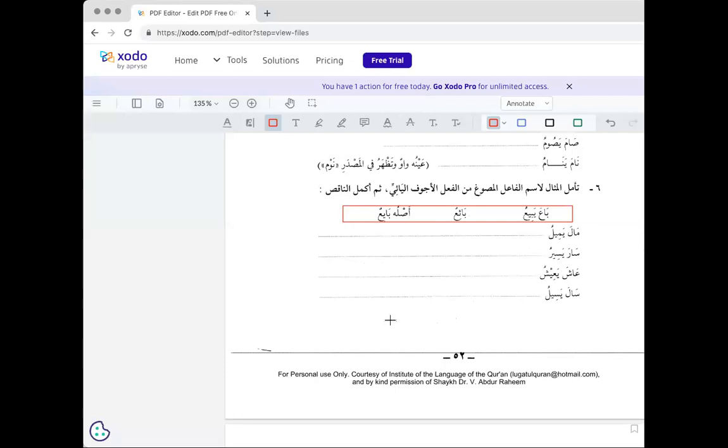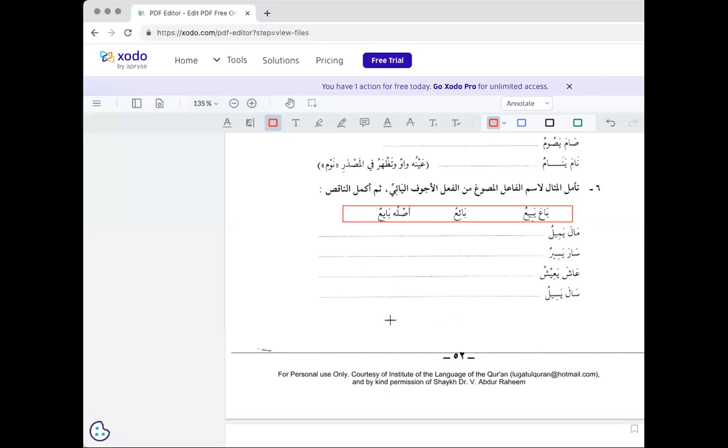So mala yamilu, which means to lean towards something. Mala yamilu. What is the ism fa'il? مائل. Ahsant. Barakallahu feekum. Yes, that's the correct answer.